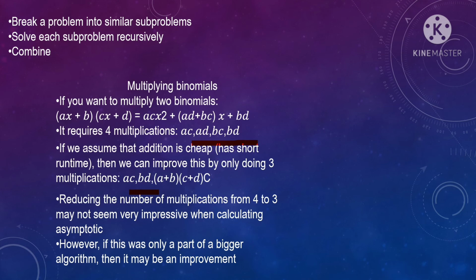Reducing the number of multiplications from four to three may not seem very impressive when calculating asymptotically. However, if this was only a part of a bigger algorithm, then it may be an improvement.